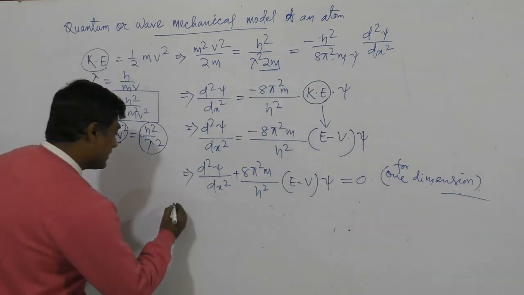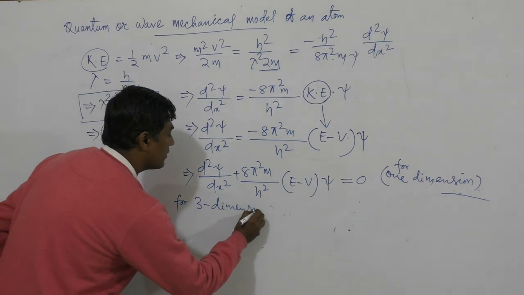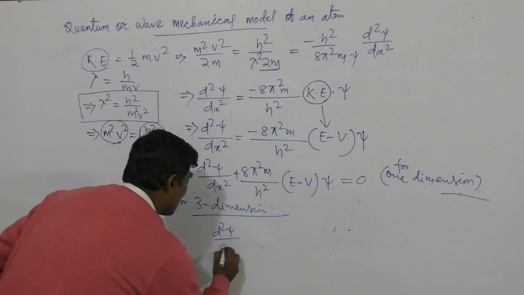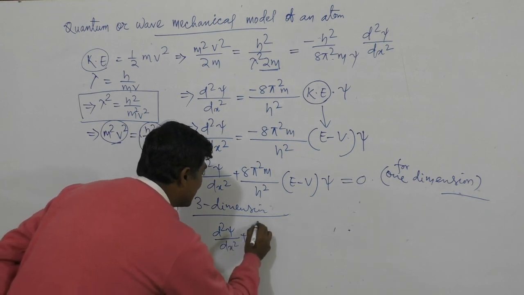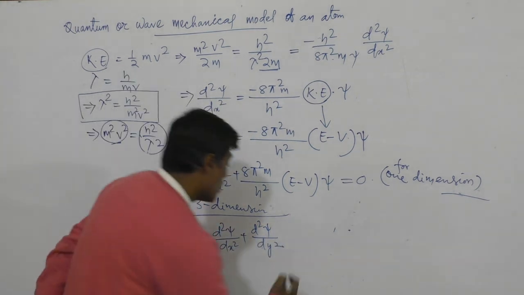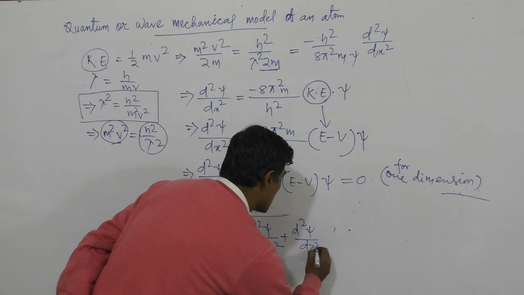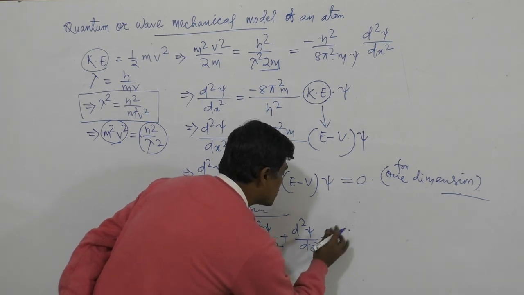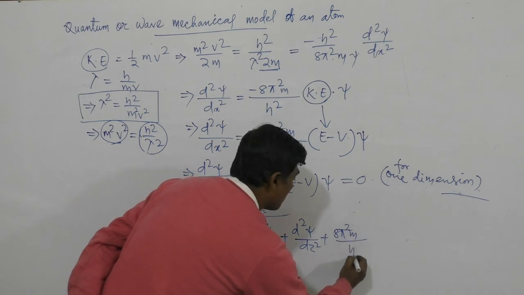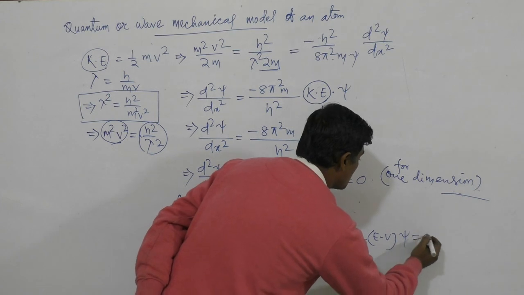So for three dimensions, we will have d square psi by dx square plus d square psi by dy square plus d square psi by dz square plus 8 pi square m by h square into E minus V psi is equal to 0.